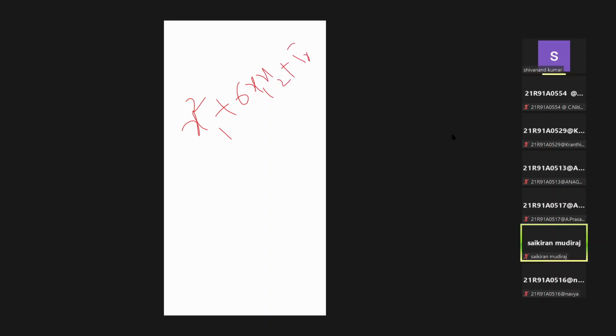The first property of the quadratic form is that it is a symmetric matrix, and you can write a polynomial as a quadratic form. See here, suppose x1 square plus 6x1x2 plus 5x2 square is there. This is one polynomial equation.